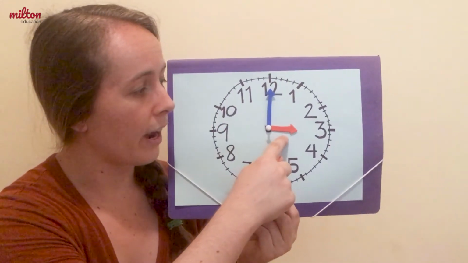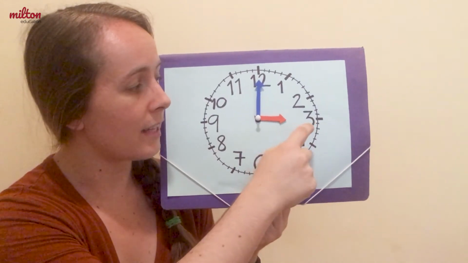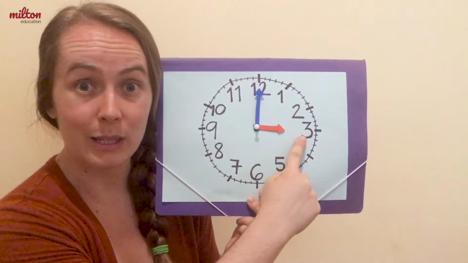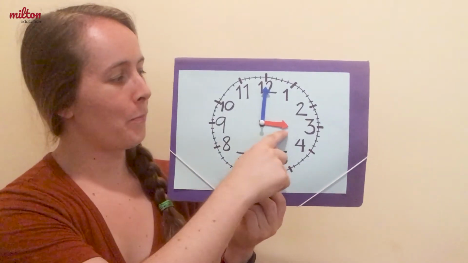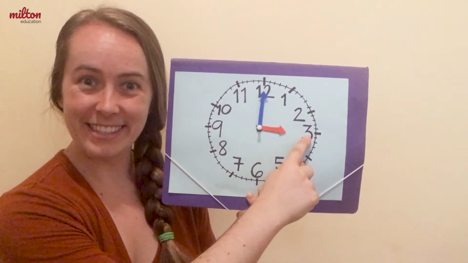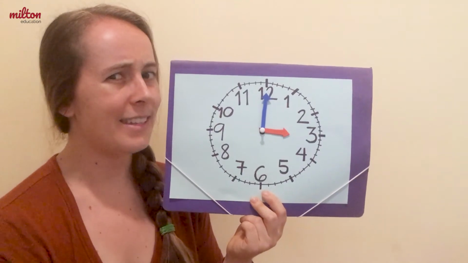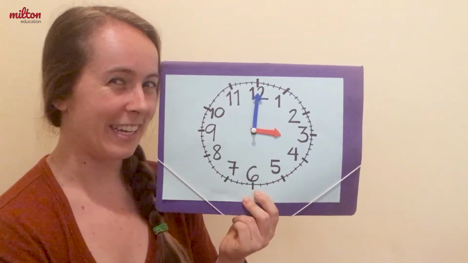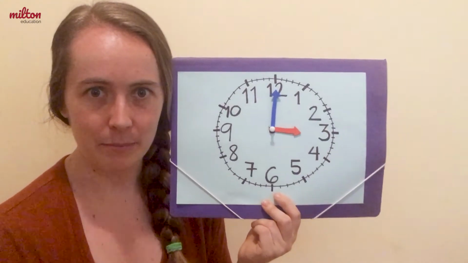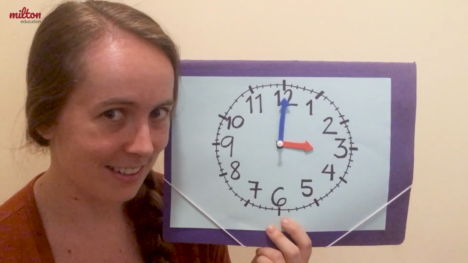Now, the hour hand always says the number that it's pointing to, loud and clear. For example, 3. But the minute hand is a little bit more tricky because it has some secret identities.